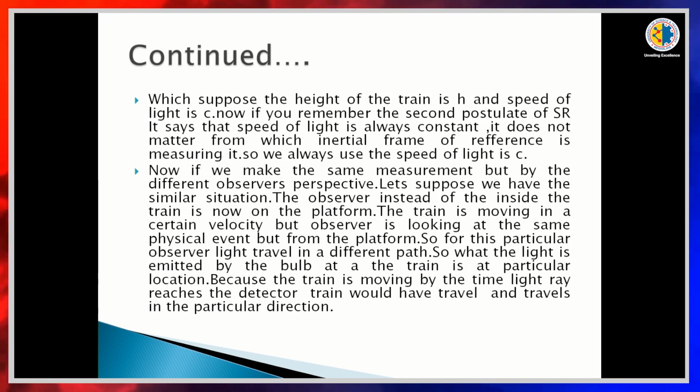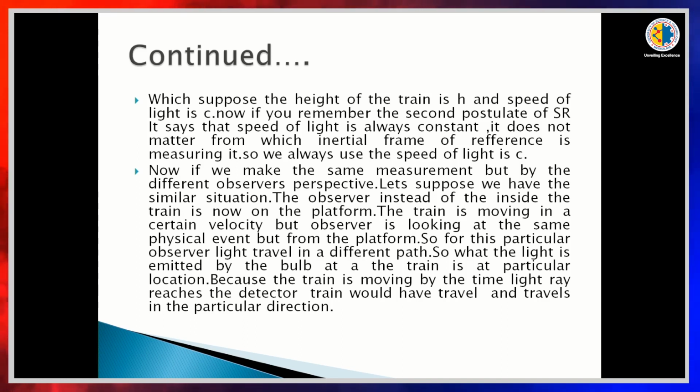The principle of relativity says that all physics laws must be the same in all inertial frames. Now, what does inertial frame mean? An inertial frame is one where the velocity is zero or constant.